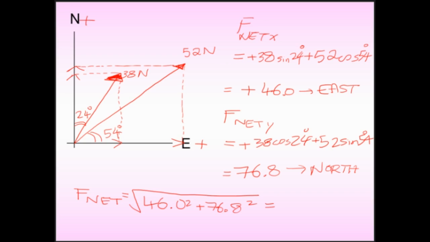Obviously, it has to be bigger than 76 because the hypotenuse is always longer than either of the perpendicular legs. Anyone? I got 89.5.